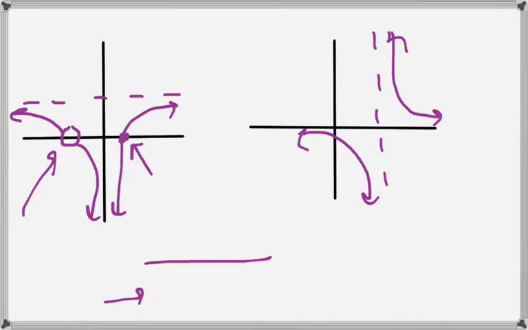In the case of a rational function, the only way we can get 0 is if it's 0 over some non-zero number. So to find our x-intercepts, we need to know where the numerator is 0. We'll set the numerator equal to 0 to find our x-intercepts, and we'll set the denominator equal to 0 to find our holes and vertical asymptotes. Those are all the numbers that we'll need to split up our number line and then check the intervals for where the function is positive or negative.